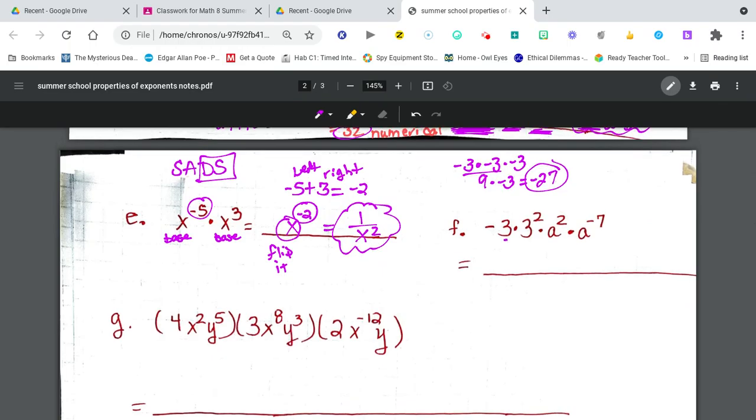All right, let's take a look at this one. People would think, oh, the base is -3. But here the base looks like +3. But those aren't like, guys. A -3 is not like a +3. This is a +3. They're not like. So if you look at it as a -3 and a +3, you can't put the exponents together. You can't add the exponents.